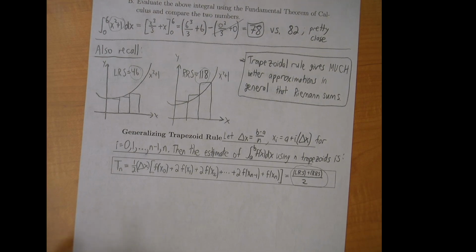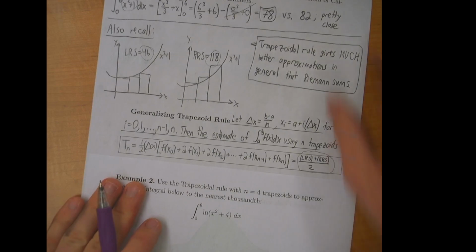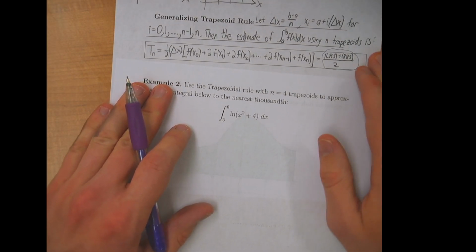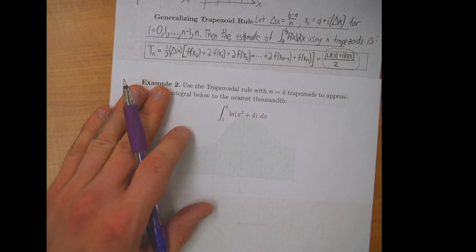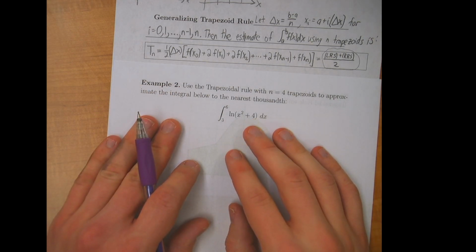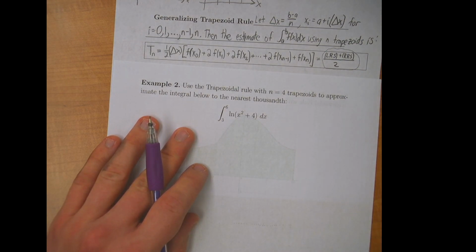All right. So now we're going to start applying this trapezoidal rule that we just established to example 2. Use the trapezoidal rule with n equals 4 trapezoids to approximate the integral below to the nearest thousandth.